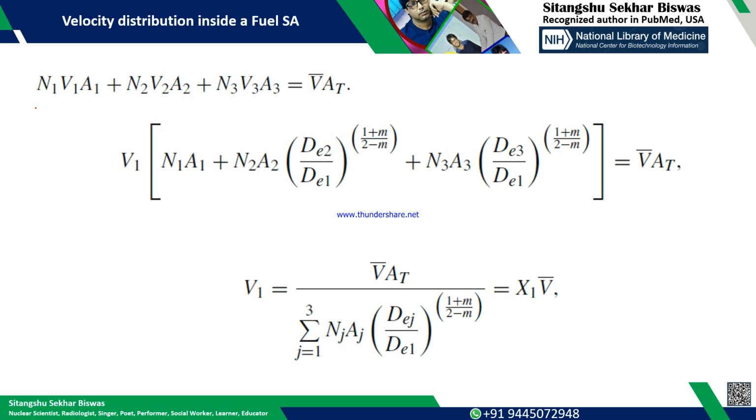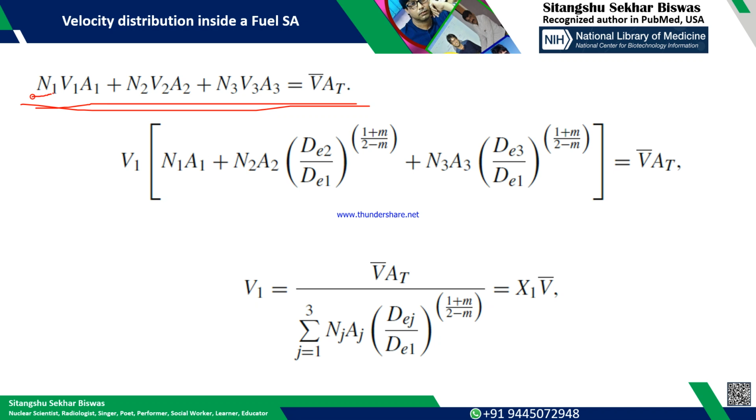Now we considered that the entire flow through the subassembly is incompressible. So based on your fuel subassembly design, this number of channels will vary, okay. So you consider the general formula.